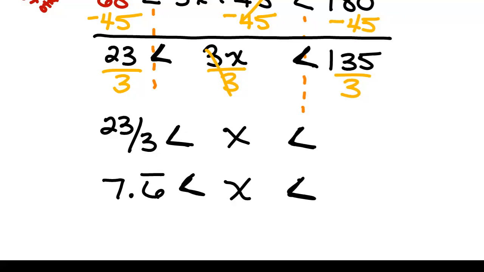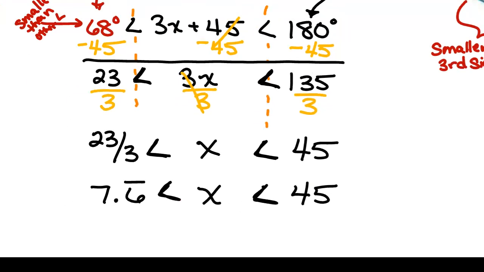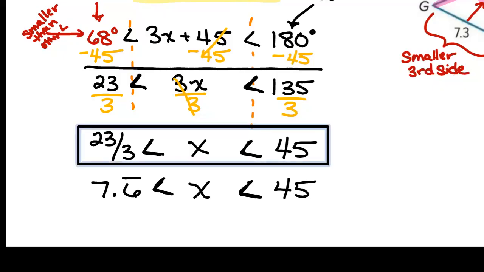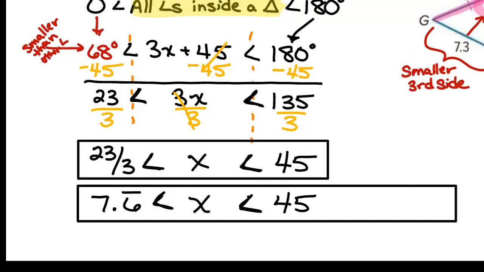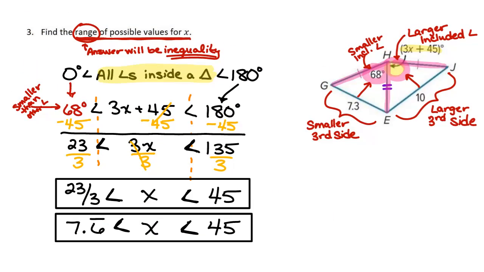Can I divide 135 by 3 evenly? What do I get when I do 135 divided by 3? 45. That one came out pretty, so I'm just going to leave that as 45. Either one of these would be a correct final answer. Unless the directions say you have to leave it as a fraction, I don't care whether you write it as a fraction or as a decimal. So far, so good?